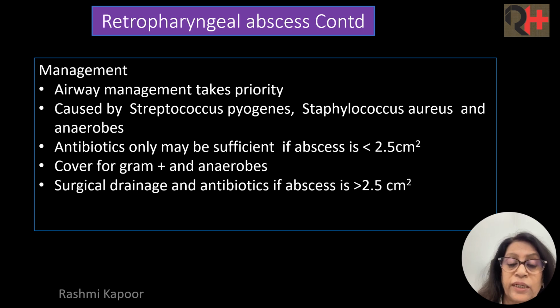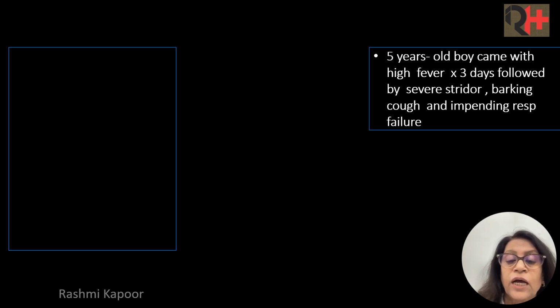Antibiotics may be sufficient if the abscess is less than 2.5 centimeters squared, but if it is more than 2.5 centimeters squared, generally surgical drainage plus antibiotics are needed. Because we know it is caused by anaerobes also, cover for gram positive and anaerobic bacteria both.